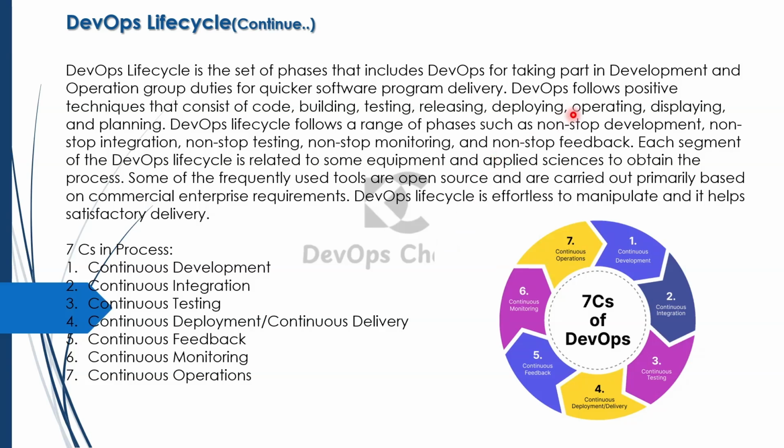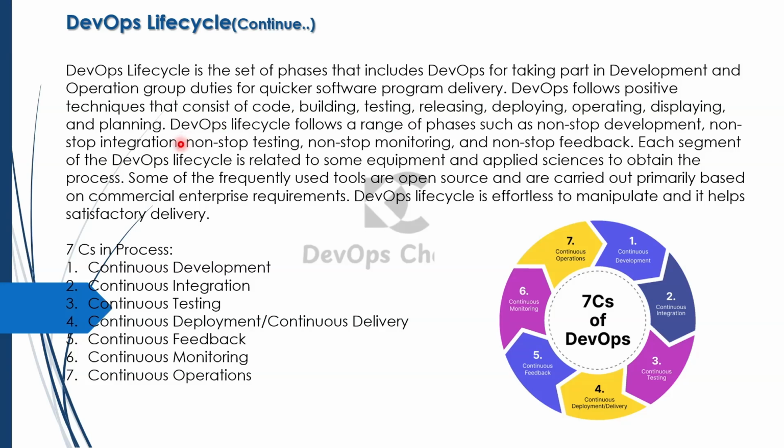DevOps follows techniques that consist of code building, testing, releasing, deploying, operating, monitoring, and planning. The DevOps lifecycle follows a range of phases such as continuous development, continuous integration, continuous testing, continuous monitoring, and continuous feedback.